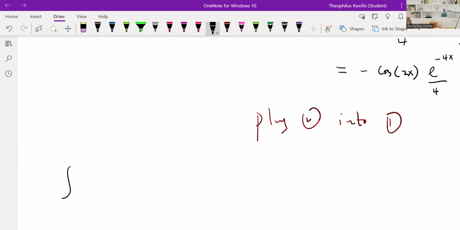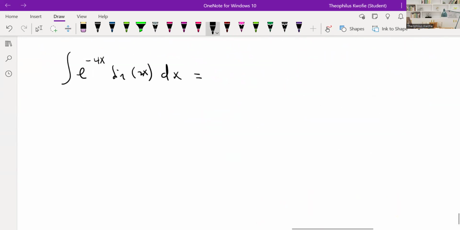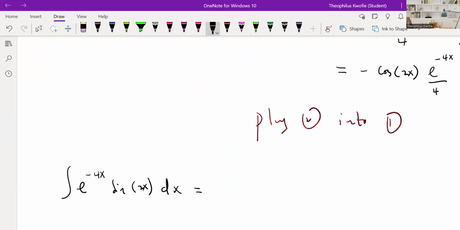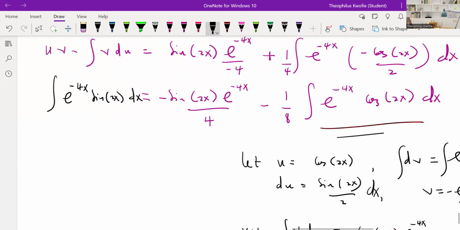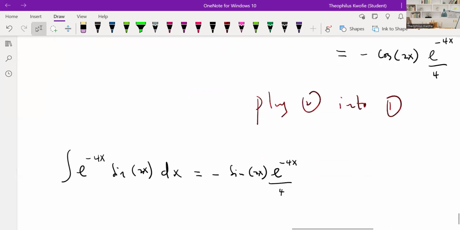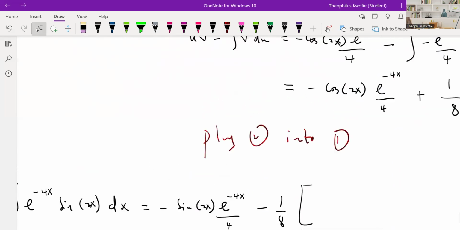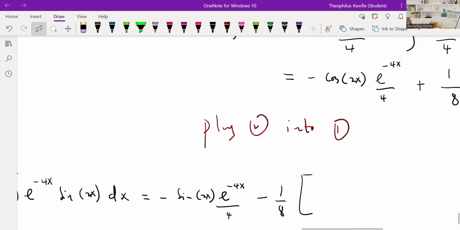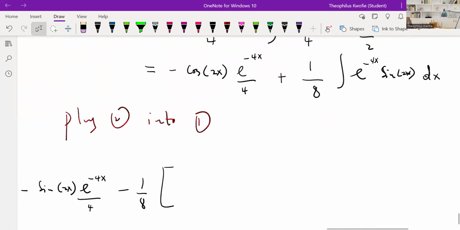Equation 1, we had the integral of e to the power minus 4x sine 2x dx to be equal to, now let me look at it and rewrite that. We have minus sine 2x e to the power minus 4x on 4. Then the minus 1 over 8 outside. Then all of that will be replaced by this result.